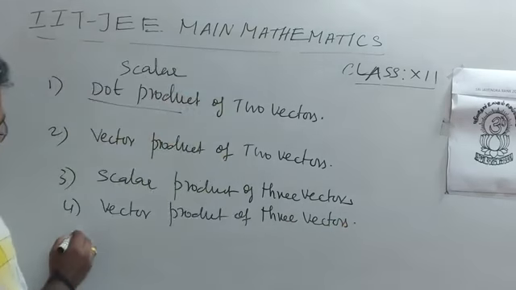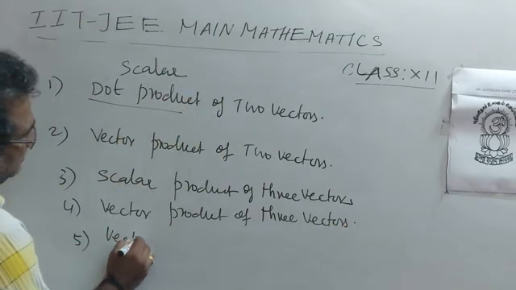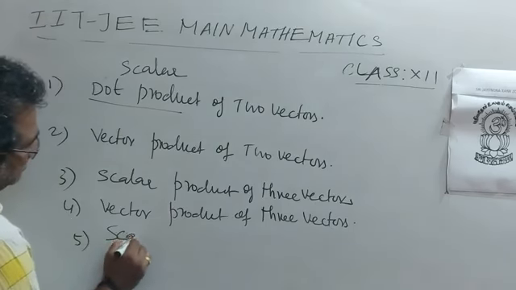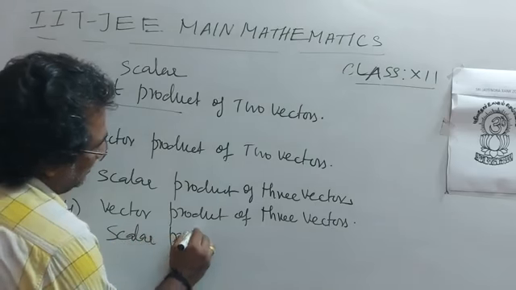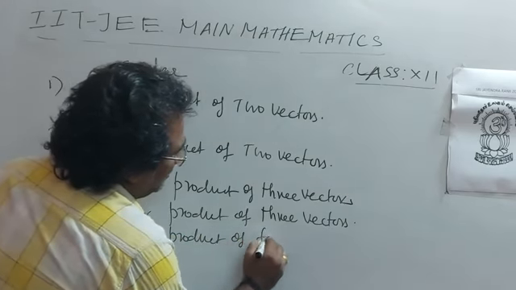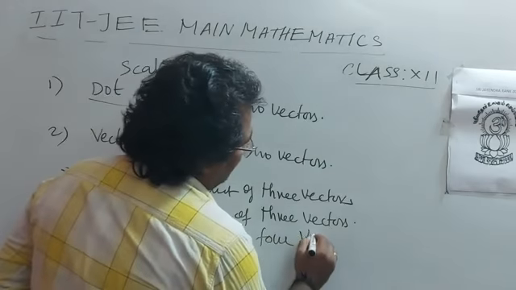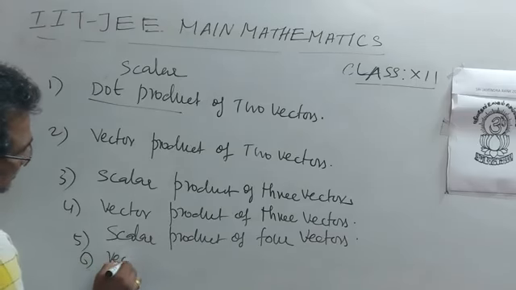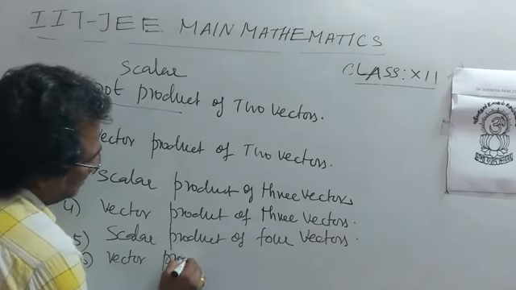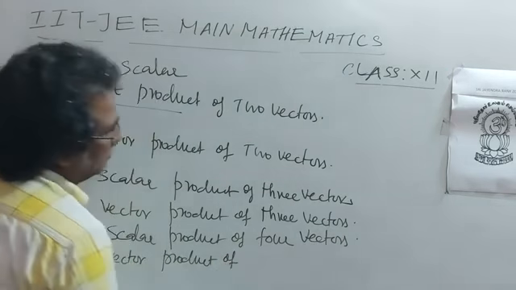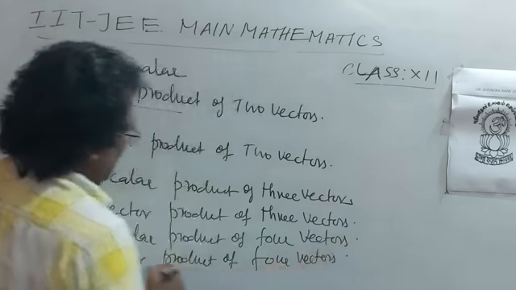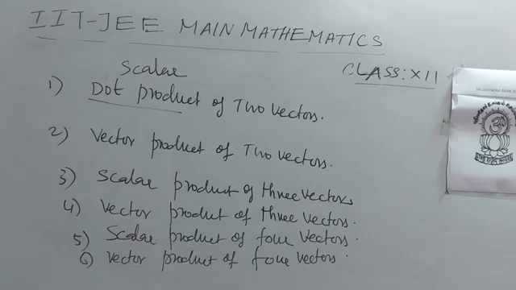Vector product of three vectors. Scalar product of four vectors. So vector product of four vectors. So we are going to discuss these concepts.